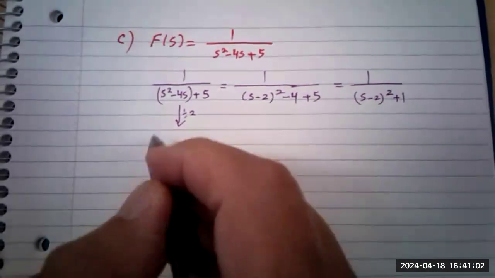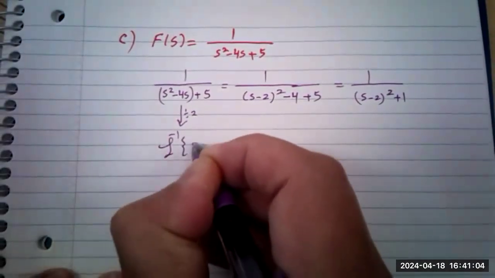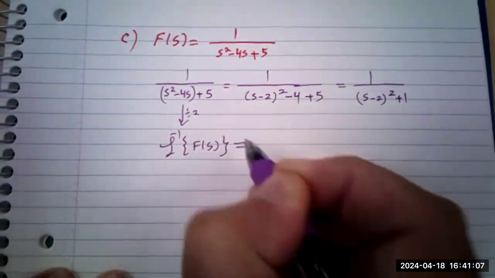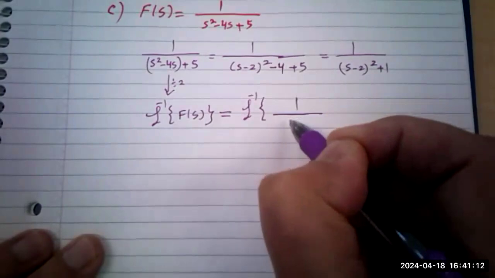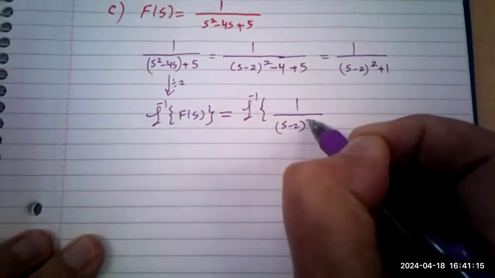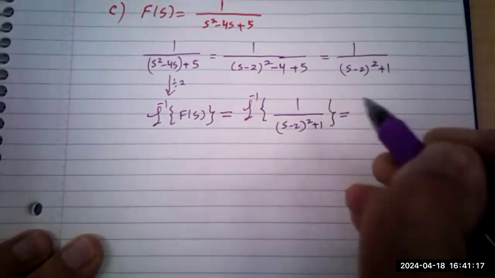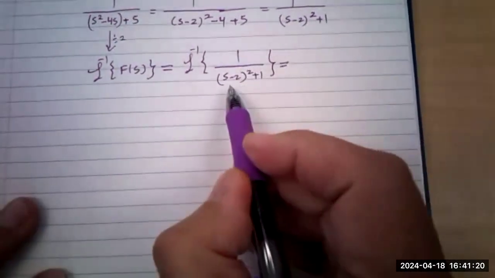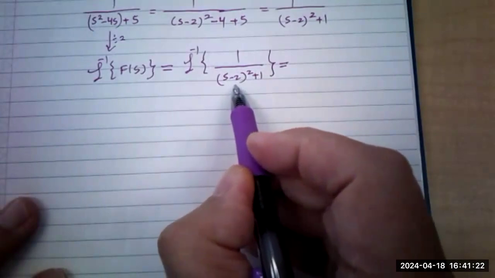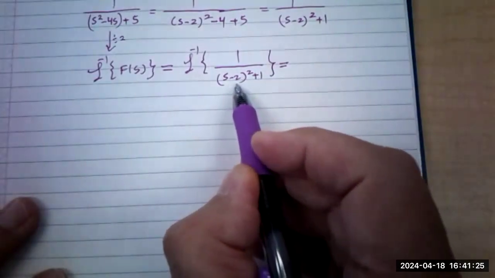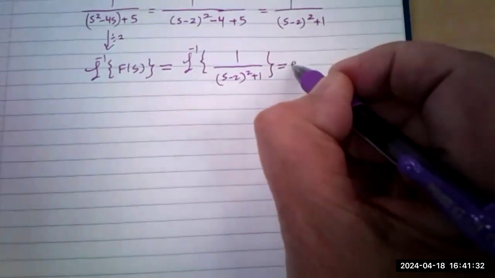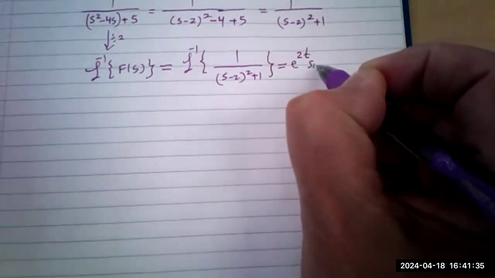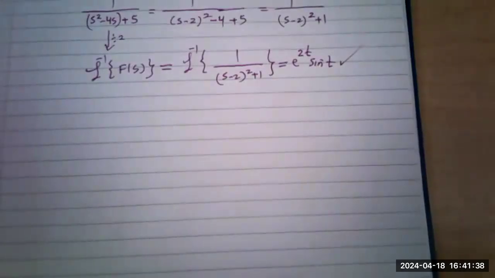So the Laplace inverse of 1 over s minus 2 all squared plus 1, since you have a shift over here, the result would be e to the 2t, and the leftover would be simply sine t.